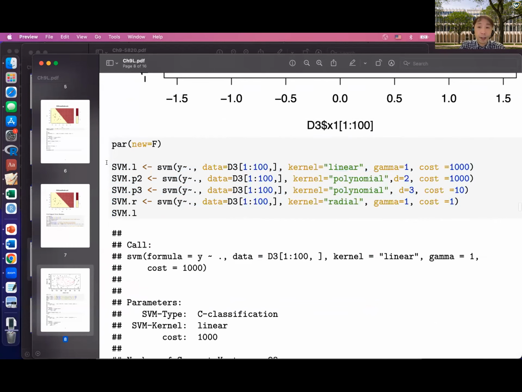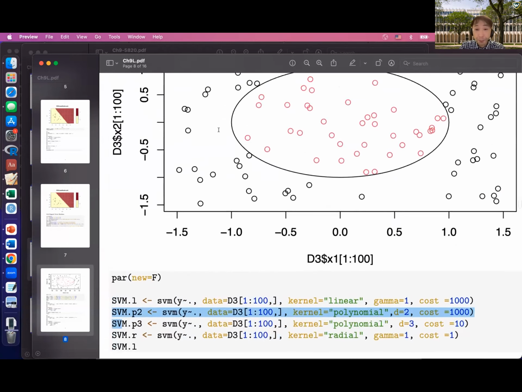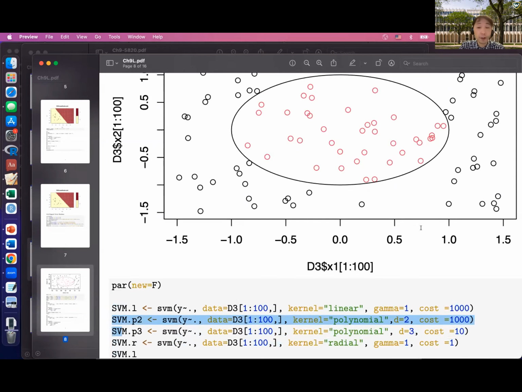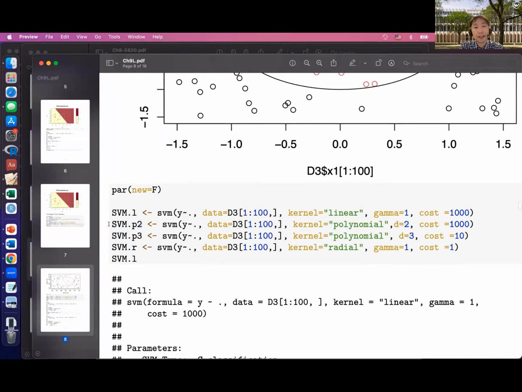I tried several kernels. The first one is the linear kernel. The second one is the polynomial kernel with degree 2. The boundary is degree 2, so this is a kind of correct model, though we have some redundant terms like x times y.